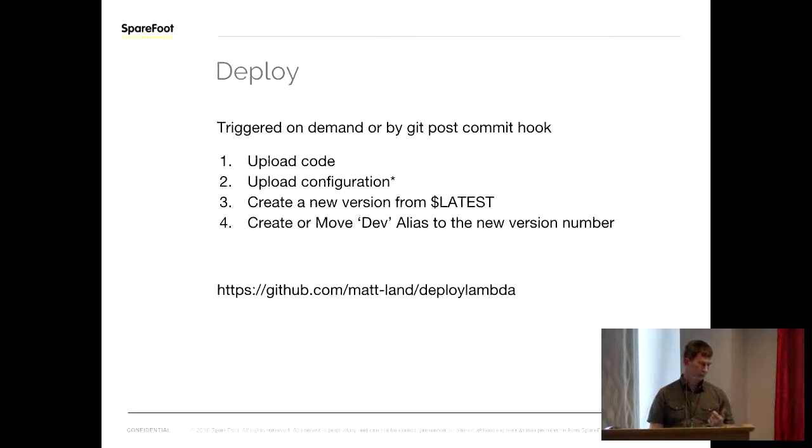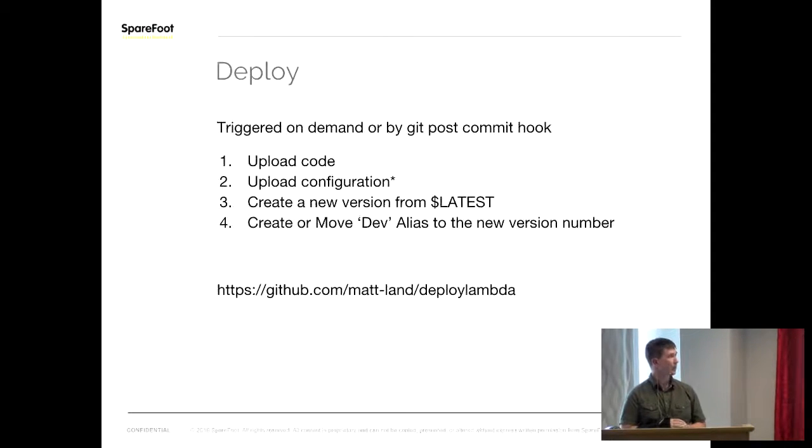One way you can do this is just hook it to that post commit hook and move the dev alias. Our chatbot actually does this for us, and these are the steps that he does when you ask him to deploy. We do it ad hoc, and this is the URL for if you're wanting to flatten out your Lambdas to deploy them in S3.